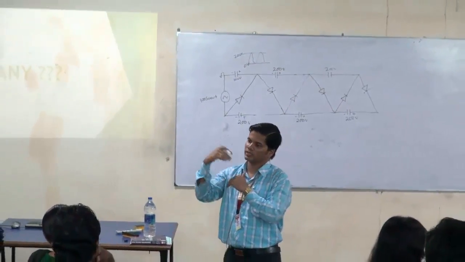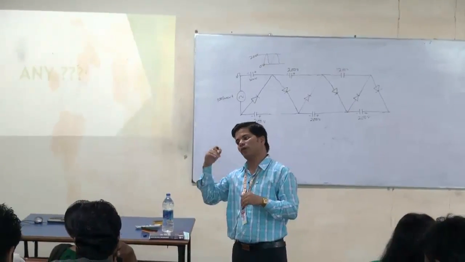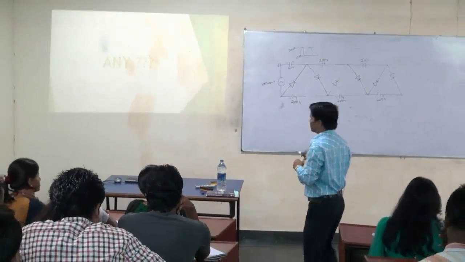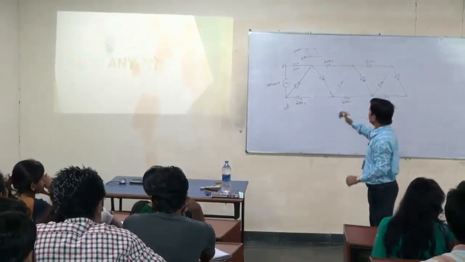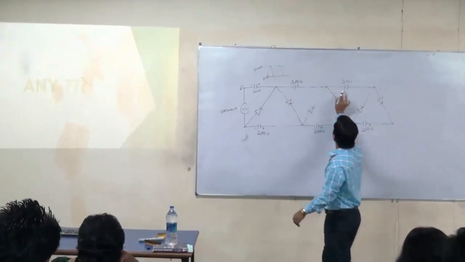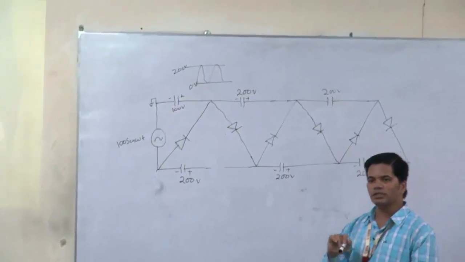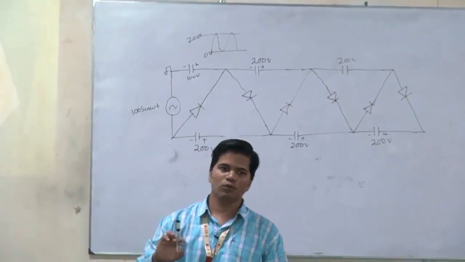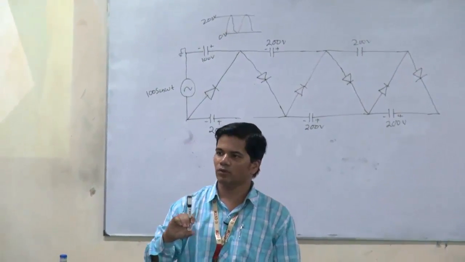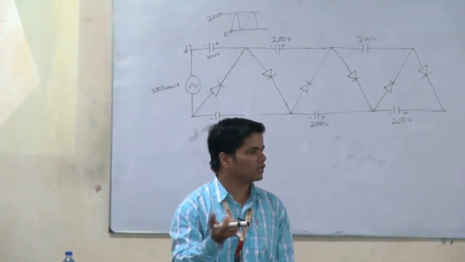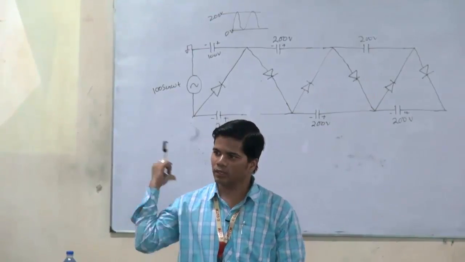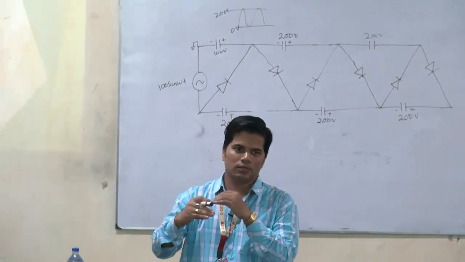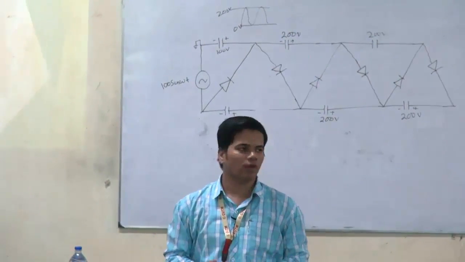We should have some changed value depending upon the number of stages. From one stage to the next, in the first stage what will be the value of the capacitor, in the second stage what will be the value of the capacitor. Ideally, we take all the capacitors we have connected as the same value. But if you want the exact value of the voltage drop as well as the voltage ripple to be known to you, then we can make a stage wise change in the capacitor values.